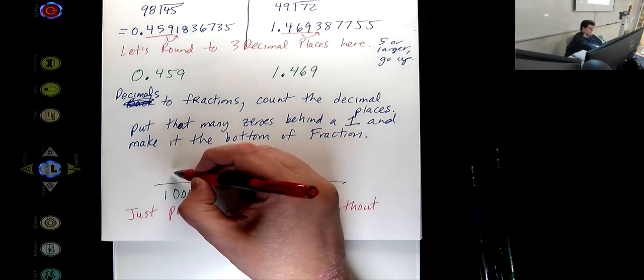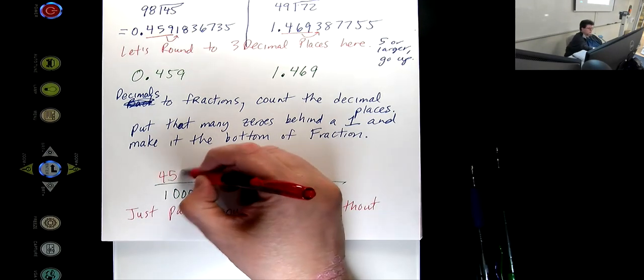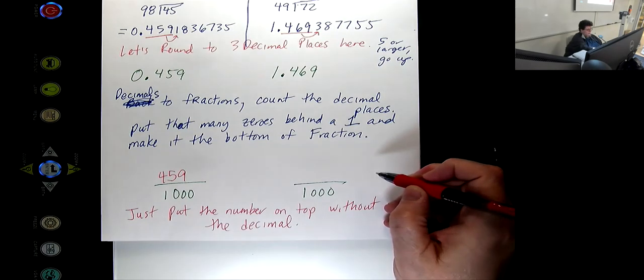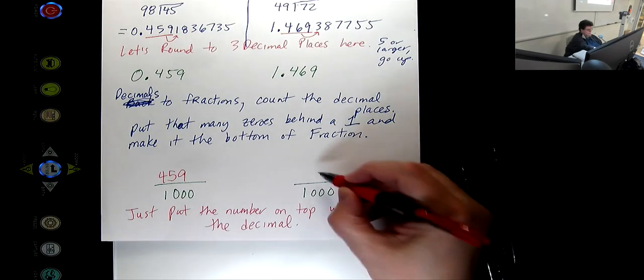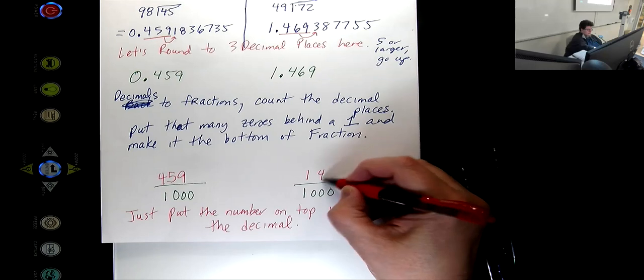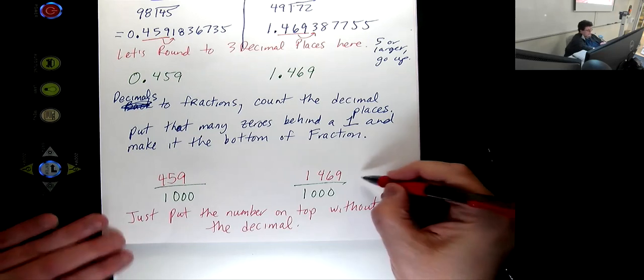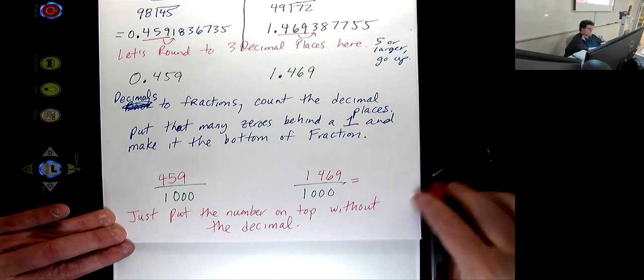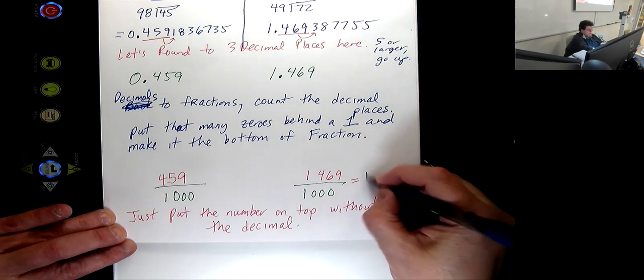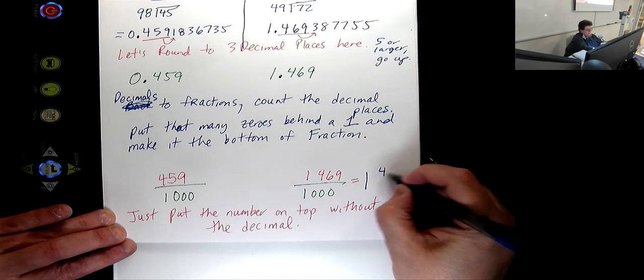So 0.459 just becomes 459, and 1.469 becomes 1469 on top. Or I can leave the 1 separate and just put the 469 on top.